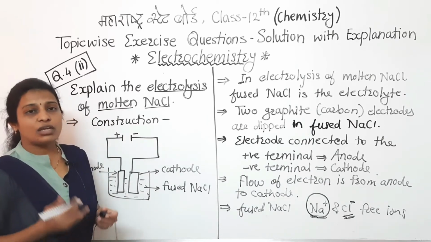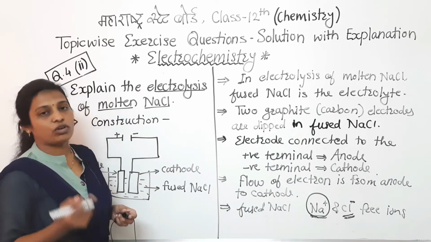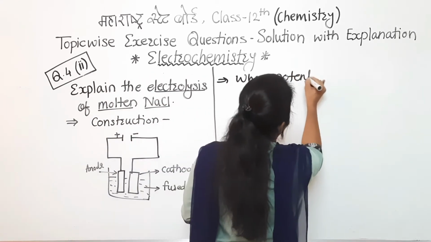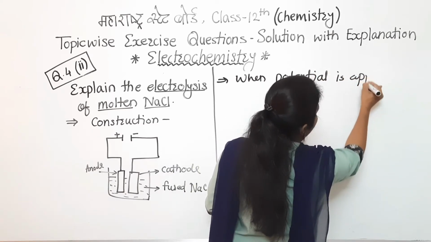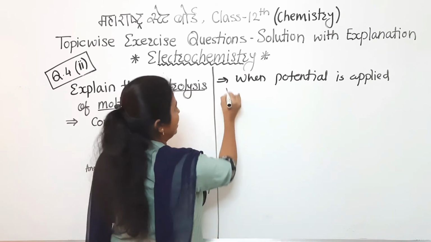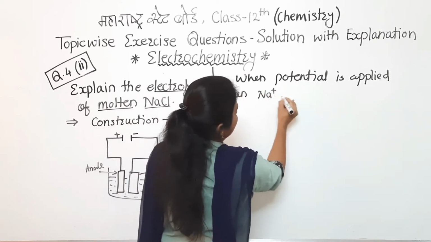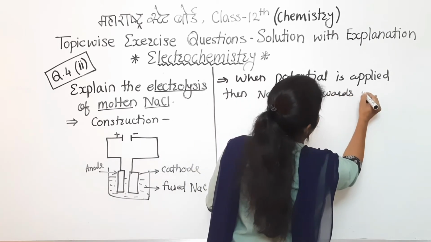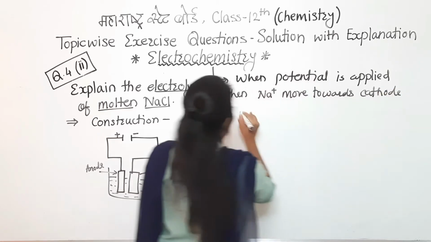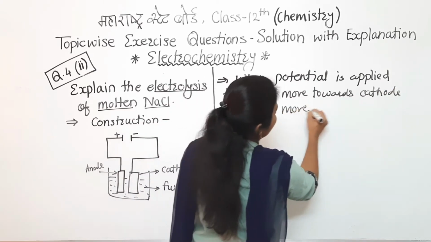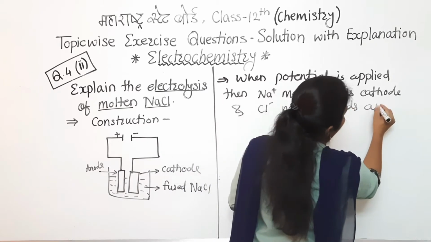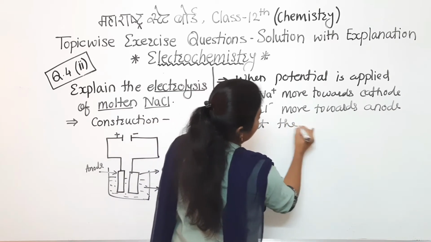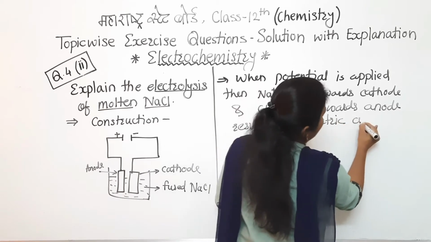Now we'll discuss the reaction, or when potential is passed, then what will happen. Now see, when potential is applied, then Na+ moves towards cathode and Cl- moves towards anode, and it results in the electric current.